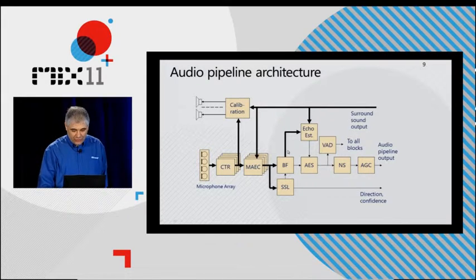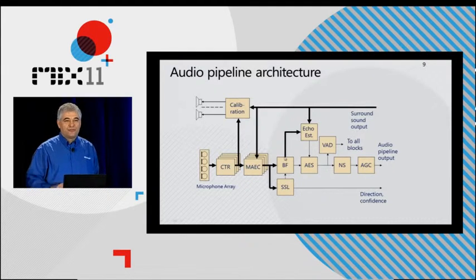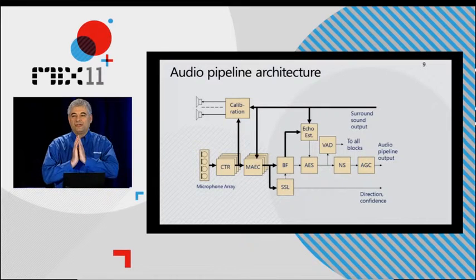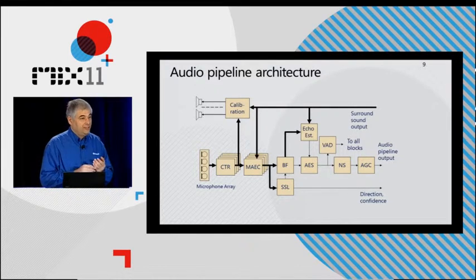And next is the so-called beamformer, combined with a sound source localizer, which converts the Kinect device into a highly directional microphone pointing towards the sound source, and we need the sound source localizer to know where to point this highly directional microphone.